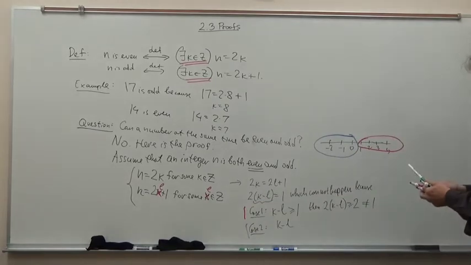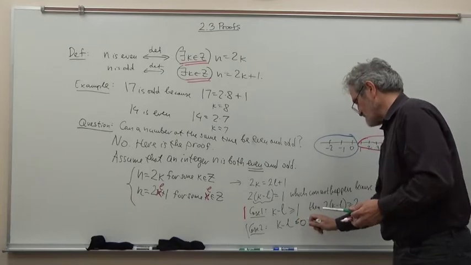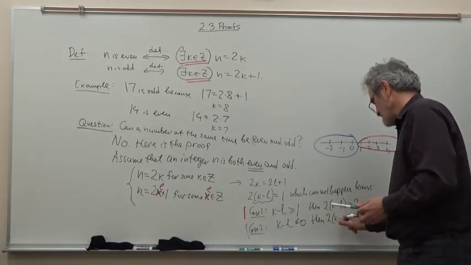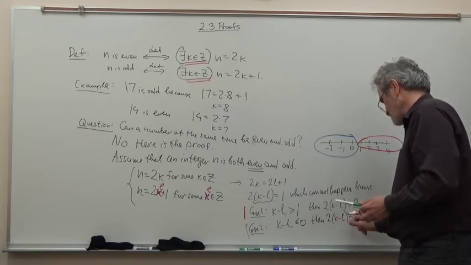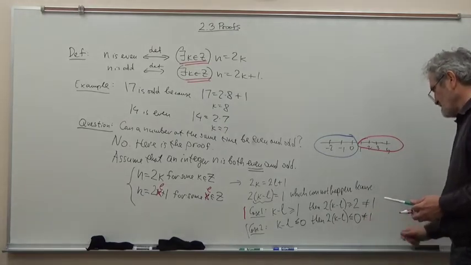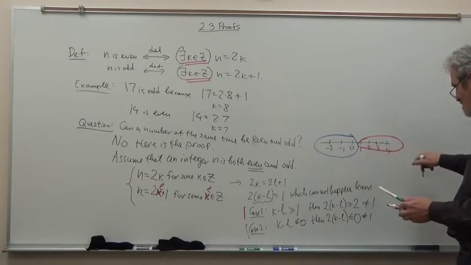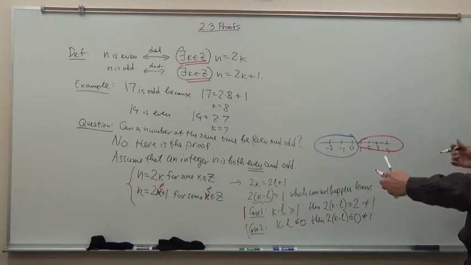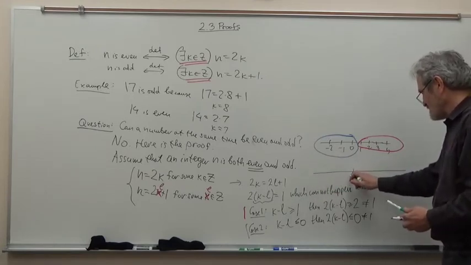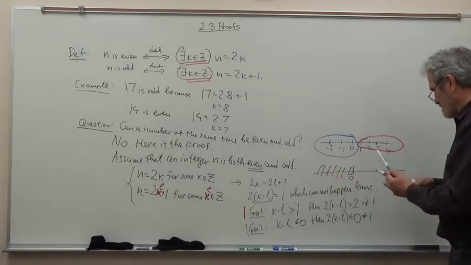Now you are in the blue territory, so k minus l is less than or equal to 0, but then 2 times (k minus l) would also be less than or equal to 0, so it cannot be 1. When you double the blue guys, they give you a result that's 0 or below.